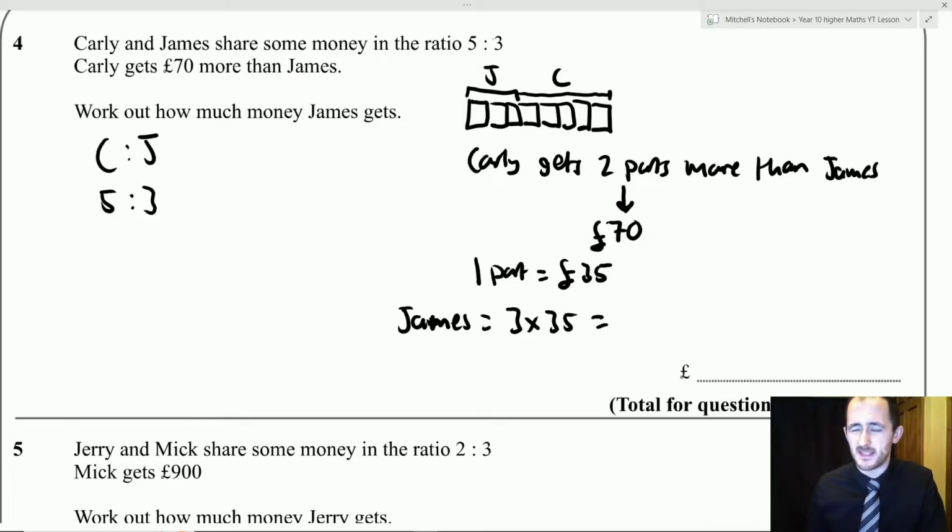So 3 times 30 is 90, so that'd be £105. 3 times 5? It's £105. So again, they can ask you, you know, it might catch some people off balance, but hopefully that's all okay.